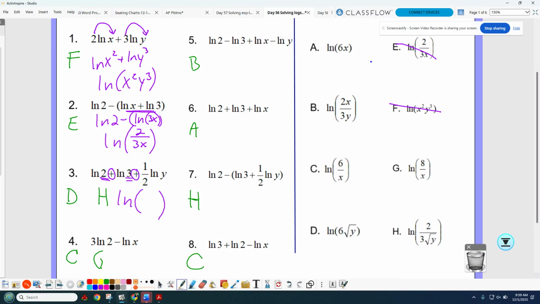So 2 times 3 is 6. And how do I manage this and the y? Square root. So Boas says that half out front comes in as an exponent, and he says y to the half is square root. So that one looks like D.